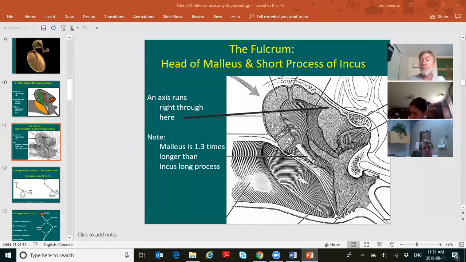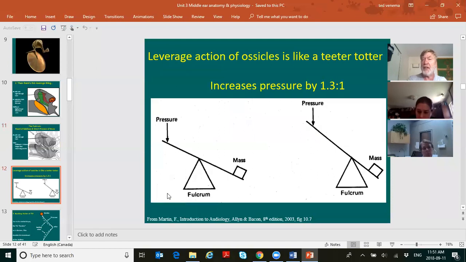So the malleus is a little bit longer than the incus, like a connection. Because this one's longer than this one, you get a bit of an advantage. They call that the leverage action of the middle ear ossicles. That also helps to increase the pressure of sound. So now you've got two things. Good. That's the second one.